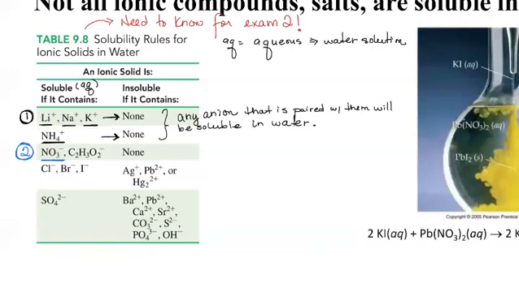What about if I have the anion nitrate or acetate? Let me write a note here. C2H3O2 minus, that is acetate. In the notes that I gave you guys, you may see it as CH3CO2 negative 1.